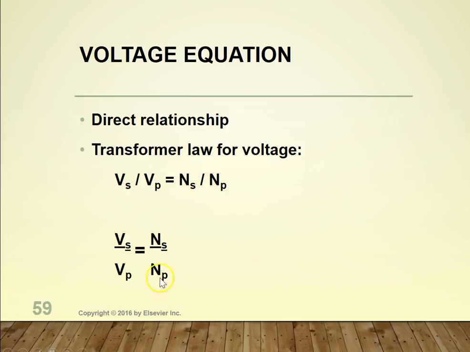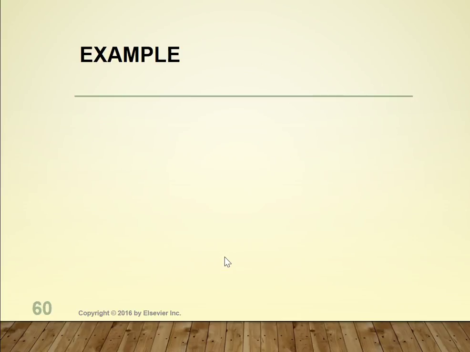I like flipping it this way, and I know our little s gets kind of down here, but this is very similar to the direct square law, because it's secondary over primary, secondary over primary. They're a direct relationship. So direct means if you have more turns, you're going to have more voltage. Less turns, less voltage.